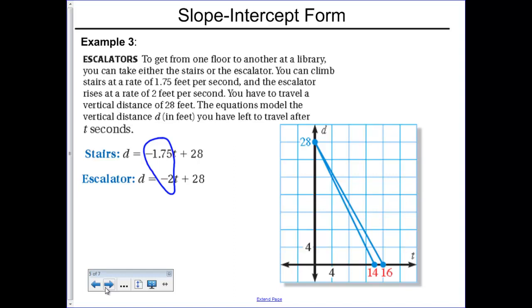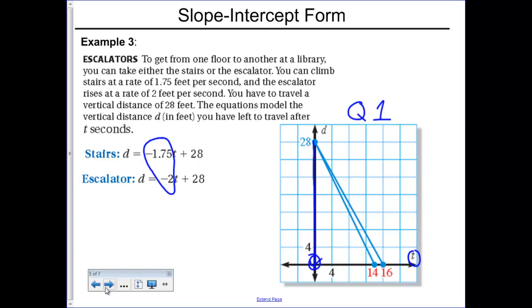So if we graph both of these on the same grid, or the same coordinate plane, you might notice that we're really only looking at quadrant 1. In most real-life scenarios, we only look at quadrant 1. By the time we get down to the ground floor, which is 0, the time value over here will tell us what time it takes us to get down there.